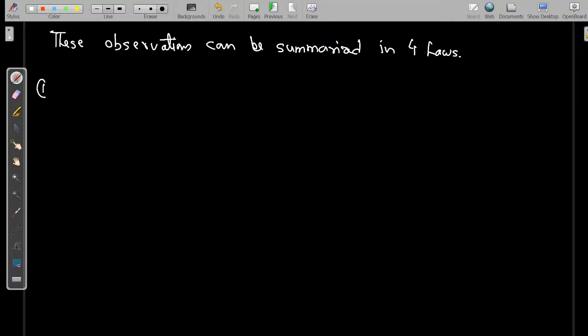First one is the zeroth law, and before that, each law, or every law, defines a quantity and a concept.